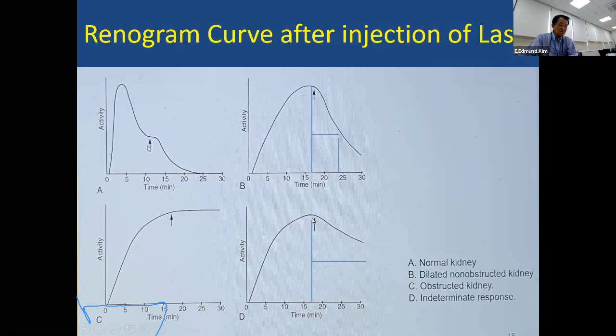You have to generate T-half. This is the T-max here, and T-half is measured like this. If T-half is less than 10 minutes, that's functional obstruction. But if it is greater than 10 minutes, that's partial mechanical obstruction.